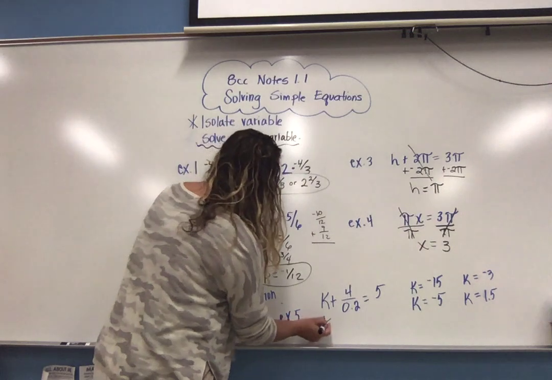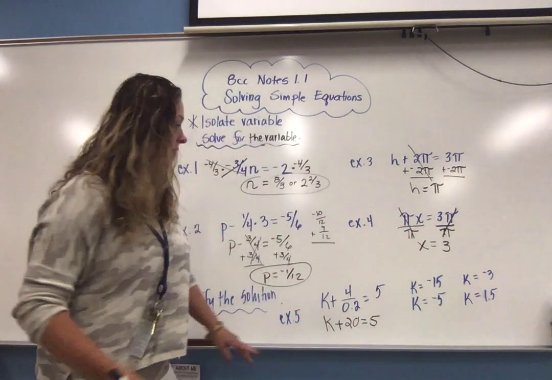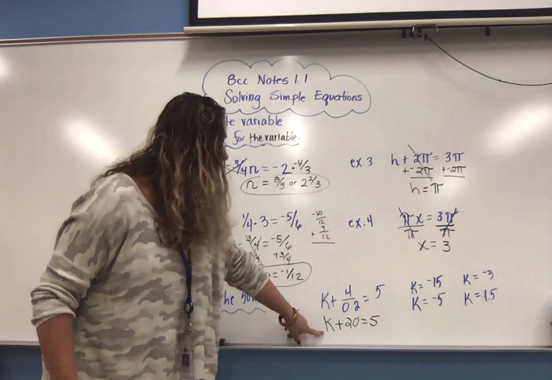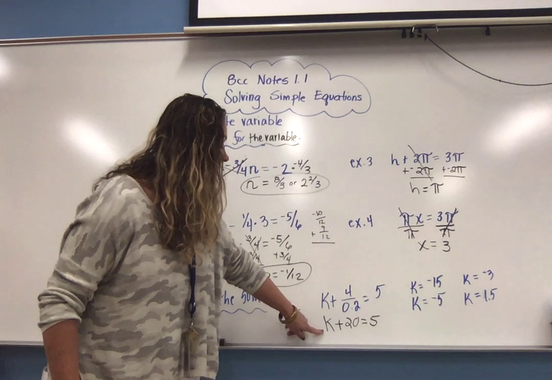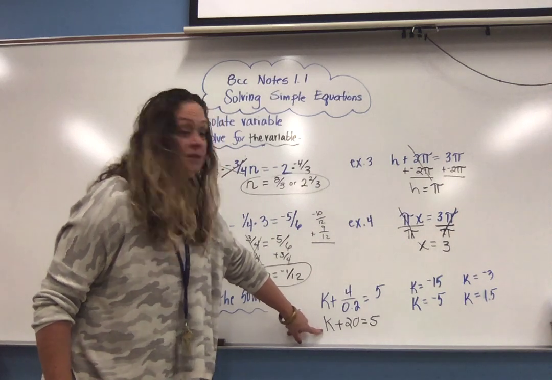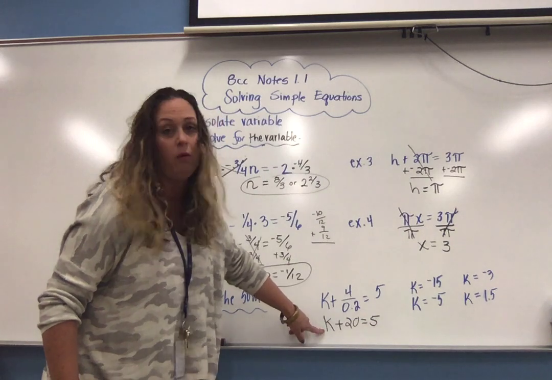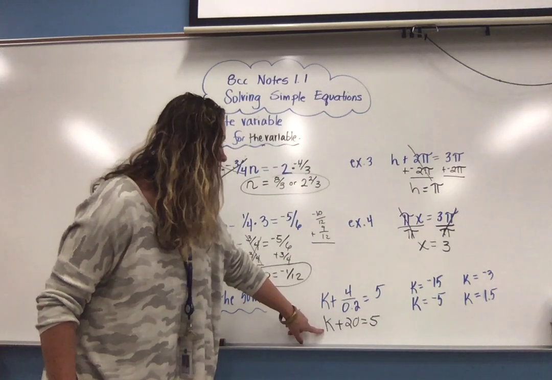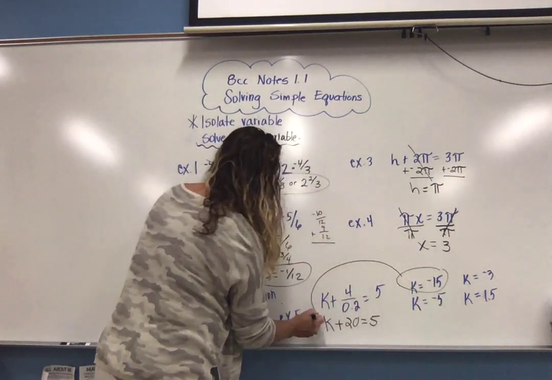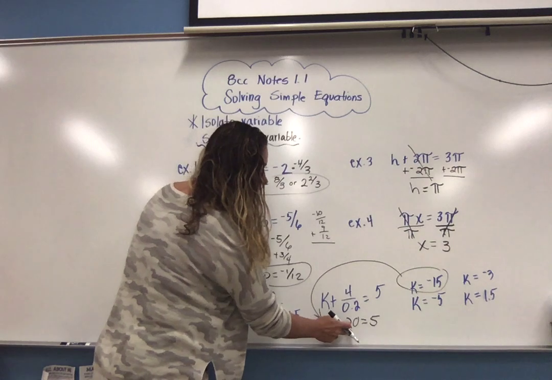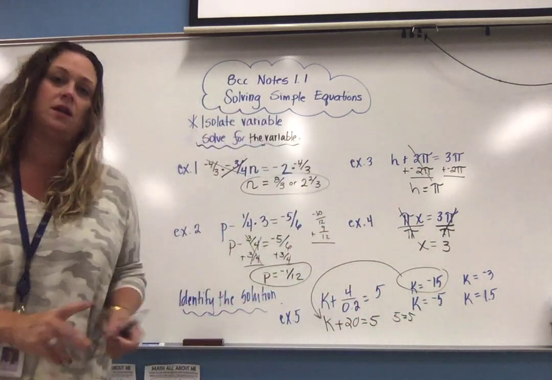So really I have k plus 20 equals 5. So if I were to plug in, does negative 15 plus 20 equal 5? Does negative 5 plus 20 equal 5? Does negative 3 plus 20 equal 5? Or does 1.5 plus 20 equal 5? Well, if I take this value for the variable, negative 15 plus 20 is 5. So 5 equals 5, which means k equals negative 15.